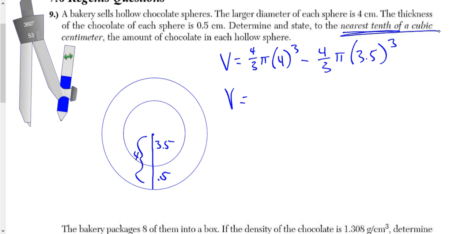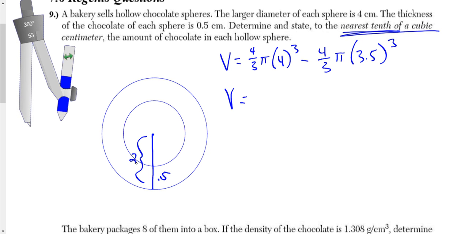I got 47.6. We have to change the radius here. It does say the larger diameter is 4, so this is 4, not the radius. The radius is 2.